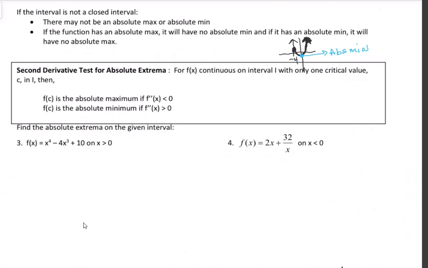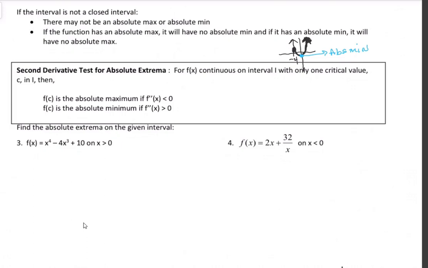Now, the only difference is that I'm going to have one, not the other, if I only have one critical value within that interval. So what we're going to do to test whether that one critical number is an absolute min or an absolute max is we're going to use concavity to tell us.